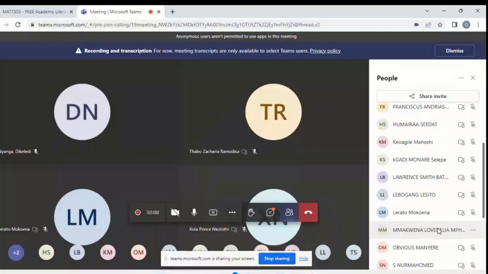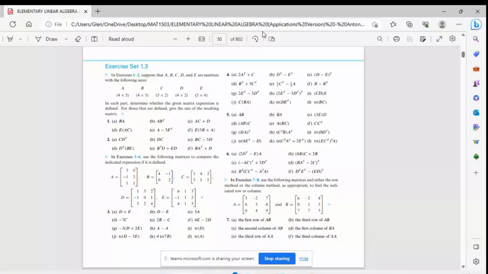Okay. What number are you taking? Number 4H. 4E is Ola. 4F is Tabo.